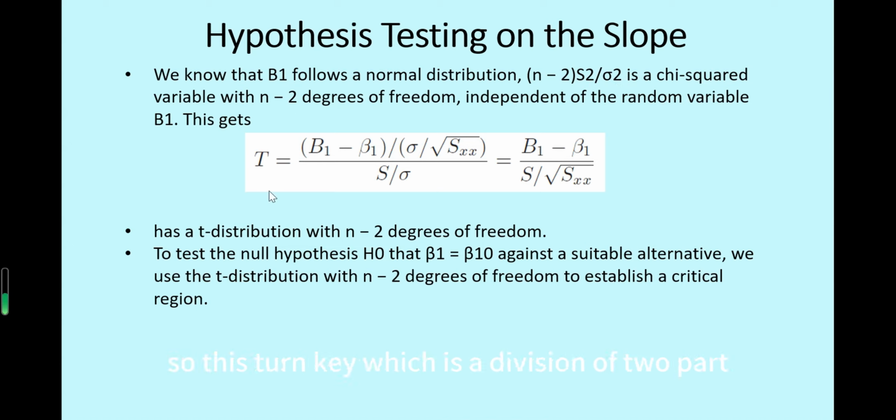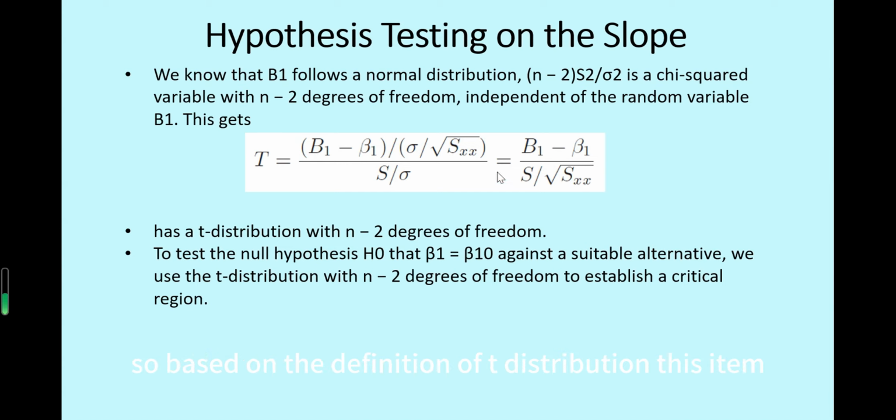So this term t is a division of two parts. The numerator is a standardized normally distributed random variable, because it is b1 minus its mean divided by its standard error. So this follows a standard normal distribution, and s divided by sigma follows the square root of a chi-squared random variable divided by its degrees of freedom.